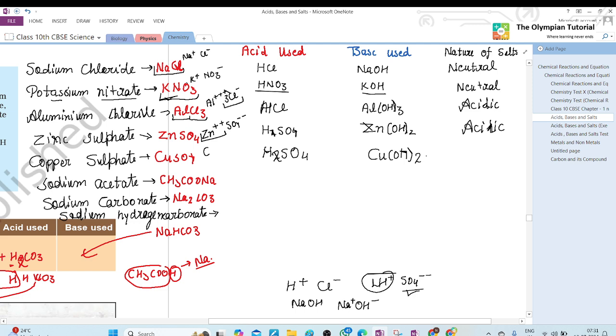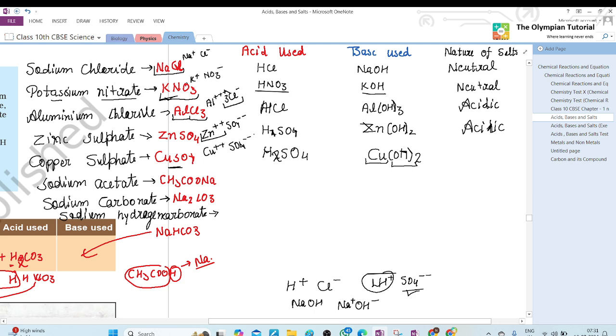Cu(OH) whole twice, because the valency of OH is 1 and Cu is 2. Okay? Ayukta, after the ionization of copper sulfate, what will we get? Ma'am, Cu plus plus, because the valency of Cu is 2, and SO4 minus minus.